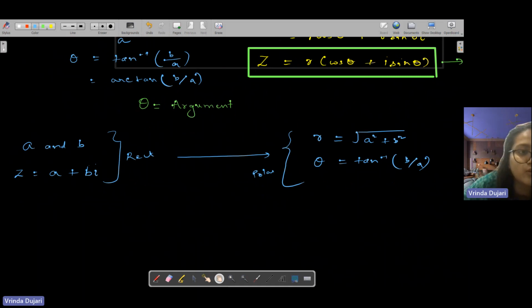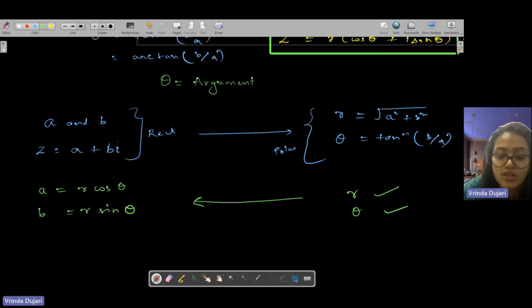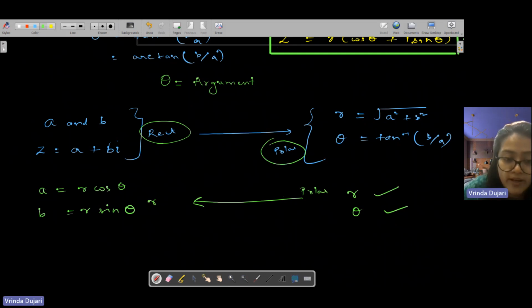So if you have to do the reverse thing, let's say r is given to us and theta is given to us. So what will be the value of a? a will be nothing but r cos theta, and value of b will be nothing but r sin theta. So this is how you can go from rectangular form to polar form, and this is how you can go from polar to rectangular form.